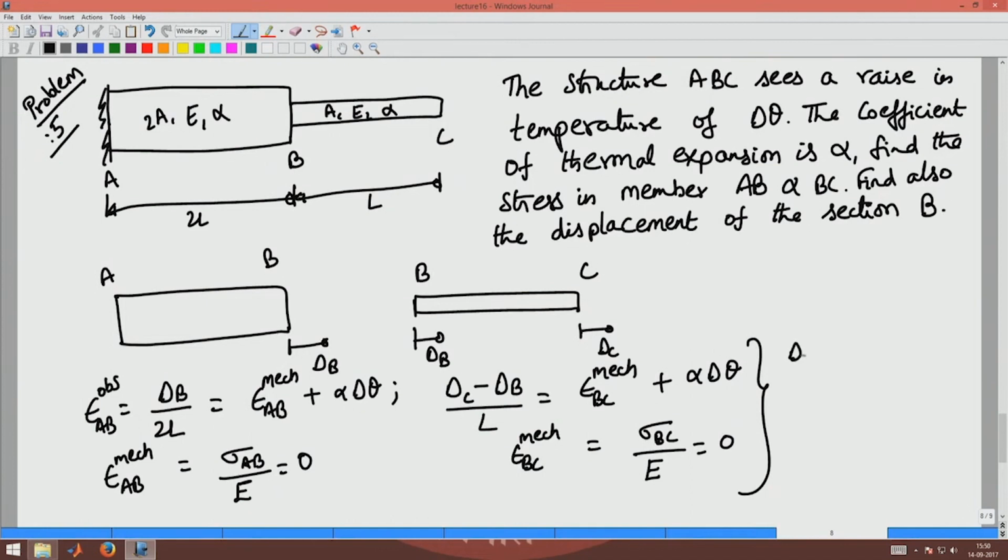From this I get delta B equal to 2 alpha delta theta L, and delta C would be delta B plus alpha delta theta L, which will be 3 alpha delta theta L, that is delta C. The change in cross section does not matter, the total length of the member is 3L. So, the elongation at point C would be 3L times alpha delta theta.